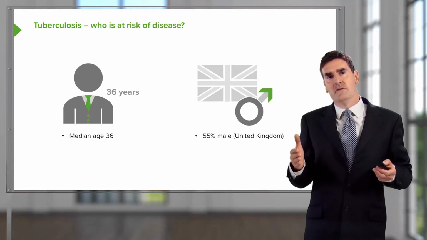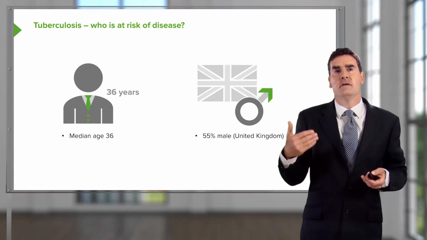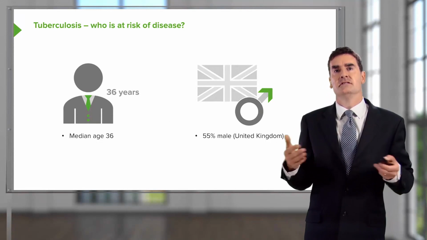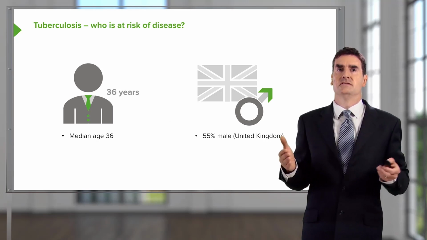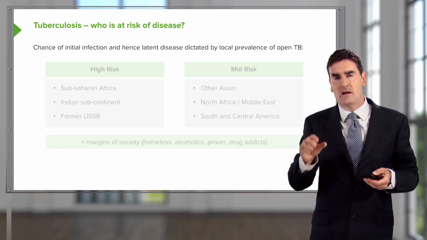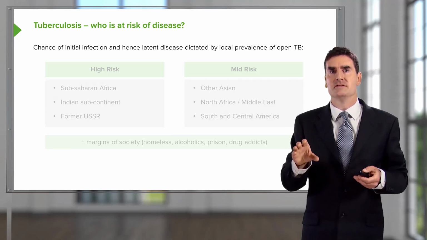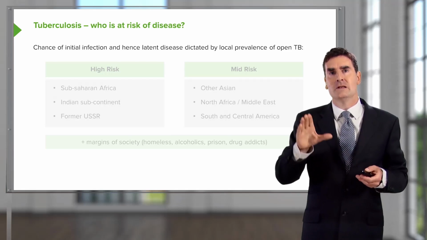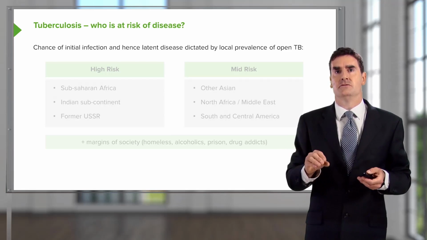So overall, if you look at the epidemiology of tuberculosis in the United Kingdom, the median age of diagnosis is in your mid-30s. There's a slight male preponderance, but essentially it's a disease that's split relatively equally between men and women. The chance of having infection is dictated by what happens as a child, whether you're likely to have developed latent infection or not.